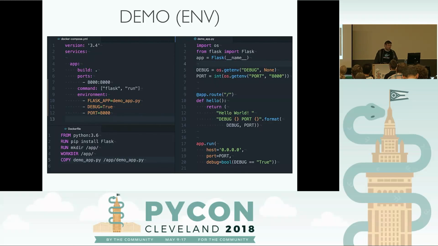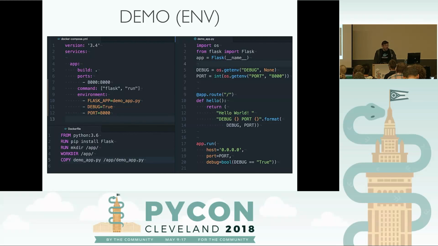So if we take a look at an example here, say we have a simple Flask app, and on the top right, we have a Docker Compose file which sets some environment variables called FLASK_APP, DEBUG and PORT, and then we're running flask run via the command.